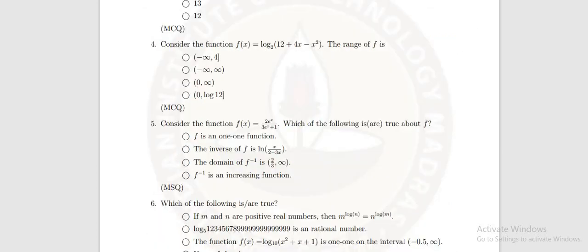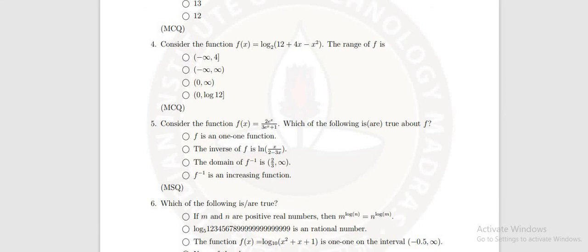So question number 4 says that consider the function f of x which is equal to log base 2 of (12 plus 4x minus x square). The range of f is. Now, as these are the logarithm functions, whatever the base they have, the range that you are going to obtain will always be all the real numbers.